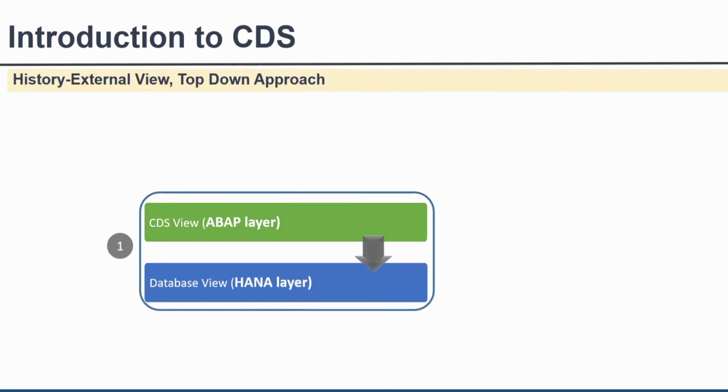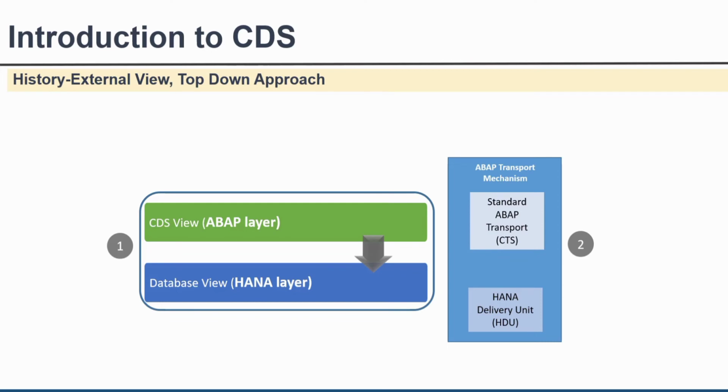And for the transport as well, since everything is generated, we really don't need to bother about the HANA transport container and the delivery unit. Only the standard SAP ABAP transport mechanism takes care of transporting everything.